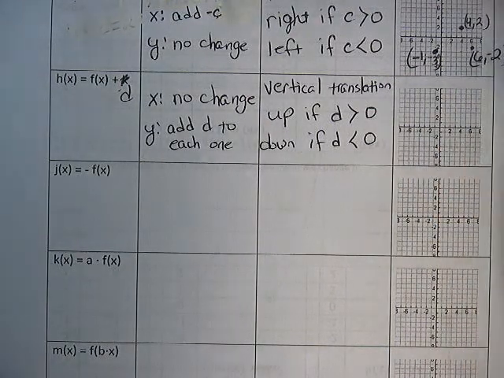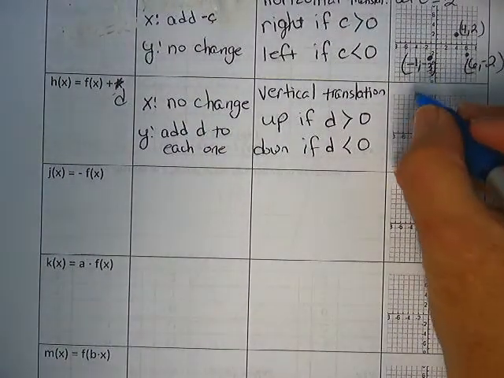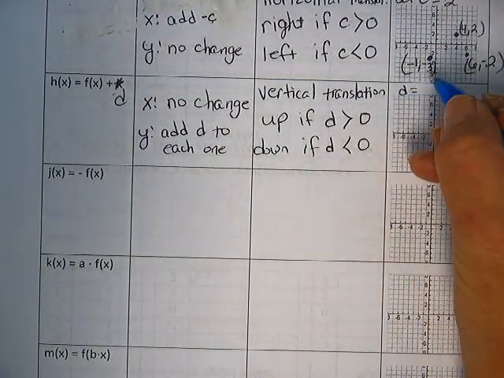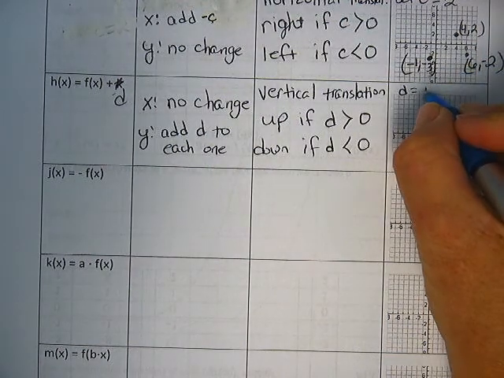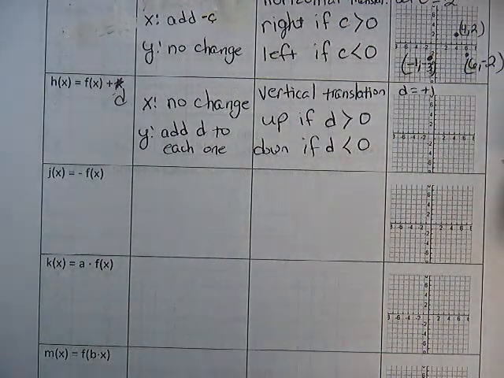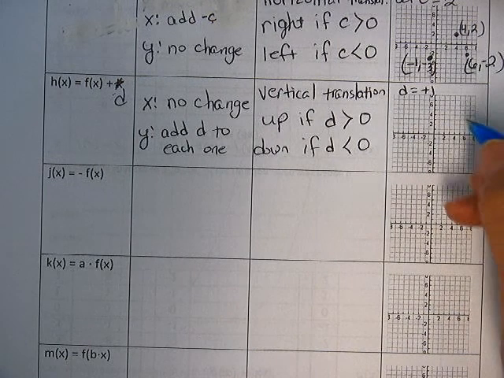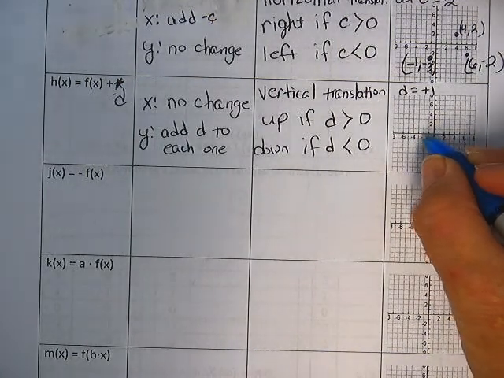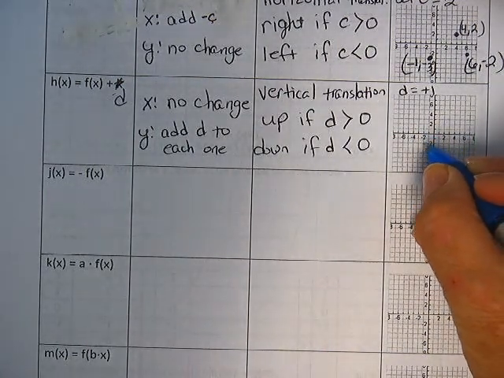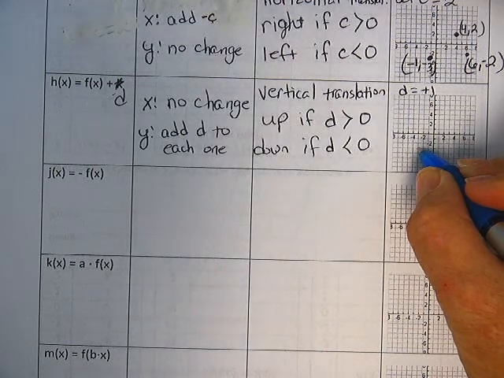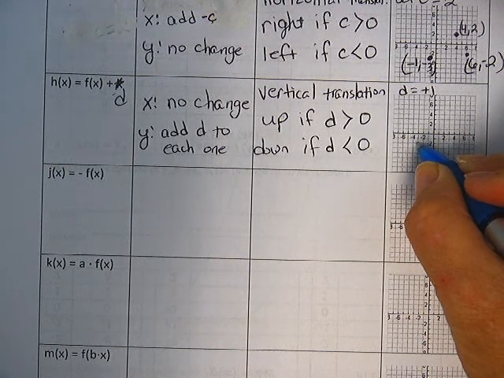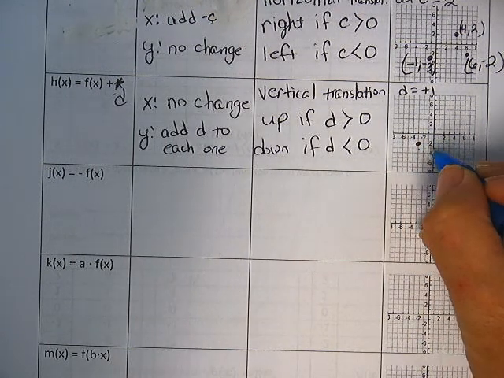So let's pick a value for d in this example. How about we say d equals positive 1. So because d is positive, we know we're going to move up. And again, we're looking at our original function. So it was at (-3, -3), and we're going to move up by 1. So the x value stays the same. The y value, we add 1.